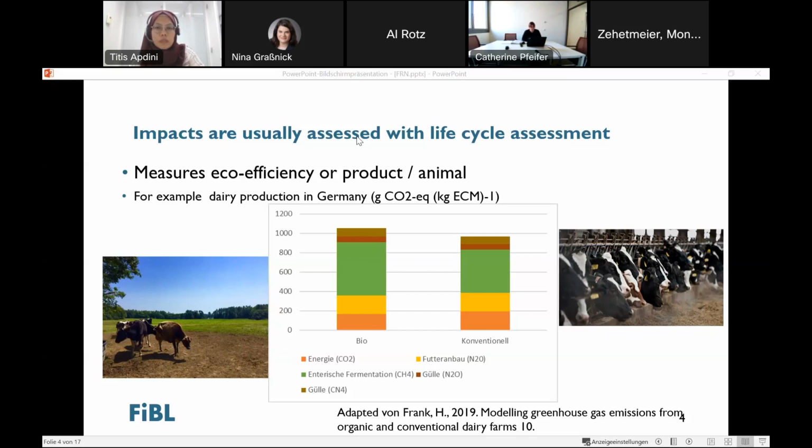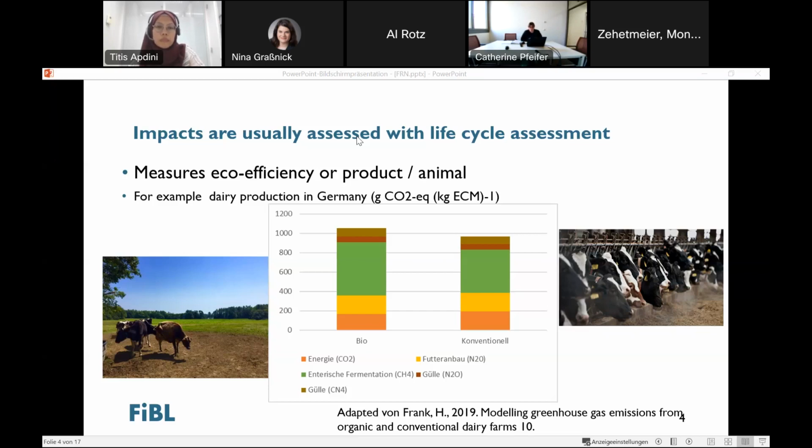Organic is less efficient because we need more space for fewer animals. We try to feed them on more grass and less other feed. And as a result of that, it is less efficient to have organic animals compared, on the right-hand side, to the conventional one.